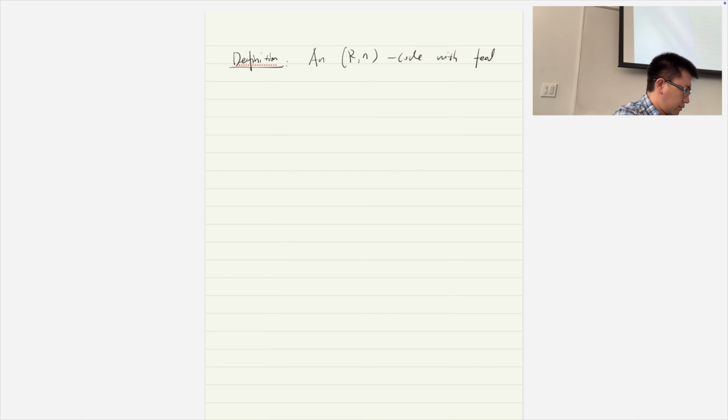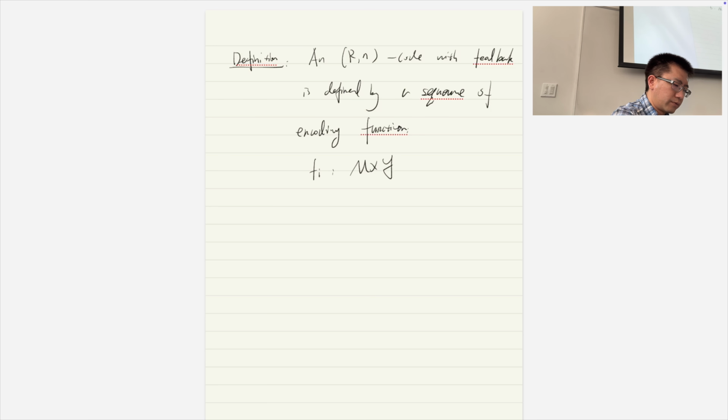Maybe I'll just write down one definition here, and everything else will follow as before. So here we still consider a block code. We consider an (R, n) code, which means rate R and length n. A fixed length block code with feedback is defined by a sequence of encoding functions. Because the inputs are different, we now have a number of encoding functions like this, where i is from 1 to n, such that xi equals fi of m and y1 till y(i-1).